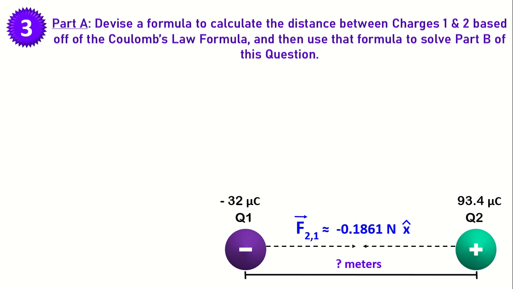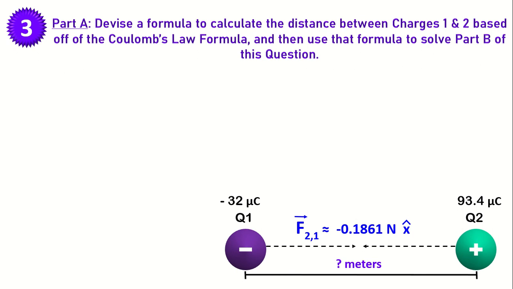What that means is the force on charge 2 due to the presence of charge 1. So 2 would be the charge of interest, and 1 would be the cause of that. What's causing it? If I said F with subscript 1, 2, then I would be saying the force on charge 1 due to the presence of charge 2. So just go by the order in that. I just wanted to make that clear, just so you guys didn't get confused when watching this video.